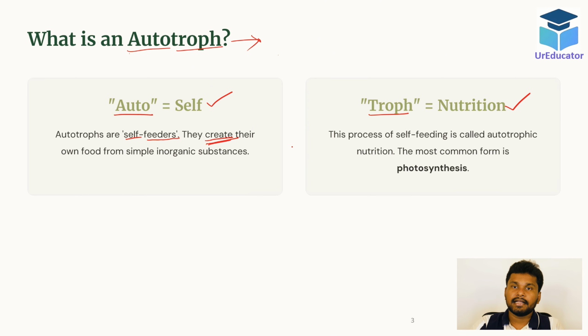Rather than using the word making, we can say they create. They create their own food from simple inorganic substances. The word troph means nutrition. The process of self-feeding is also called autotrophic nutrition.